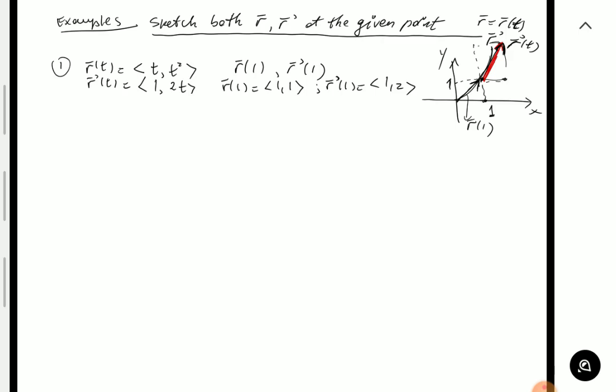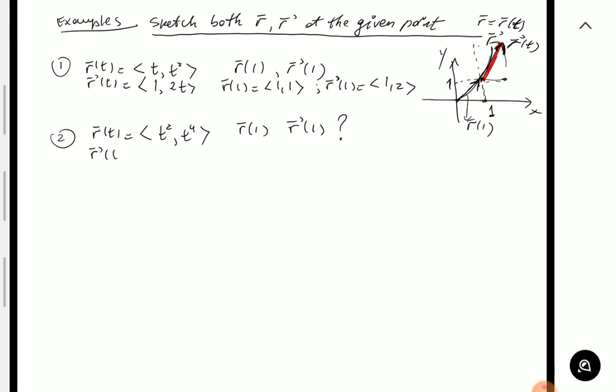I'm going to probably redraw this because I want to make a remark when I see this picture side by side. So let's do another example, very similar to this one. Let's say r of t is given by t squared and t fourth. And the same question, I want to compute and sketch r of 1 and r prime of 1.